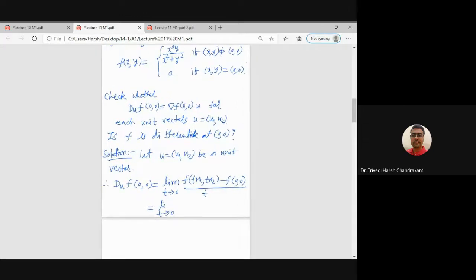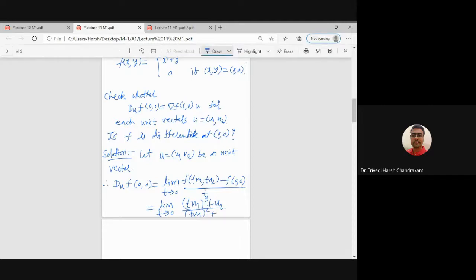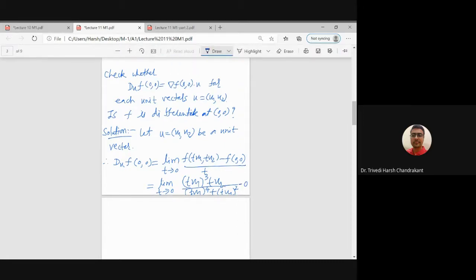So we have (t u1) power 3 times (t u2), divided by (t u1) power 4 plus (t u2) square, and minus f of (0, 0) which is 0, the whole term divided by t.